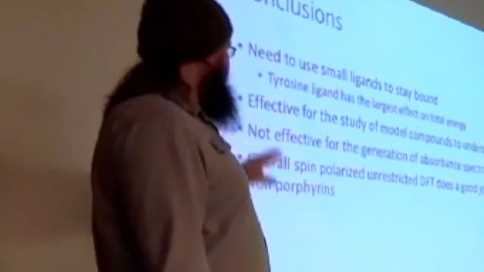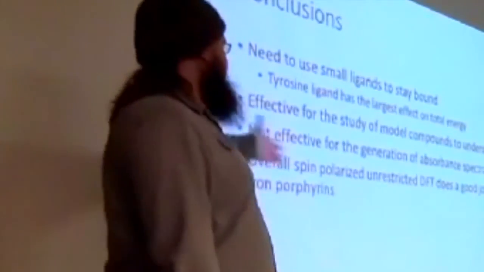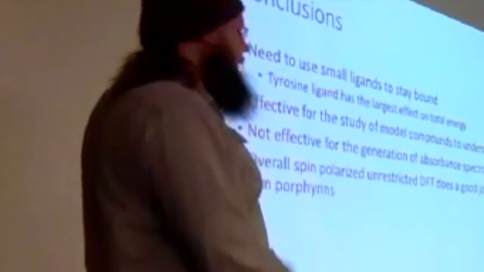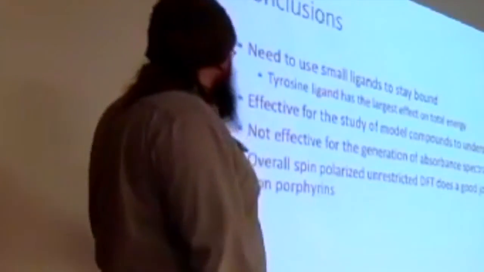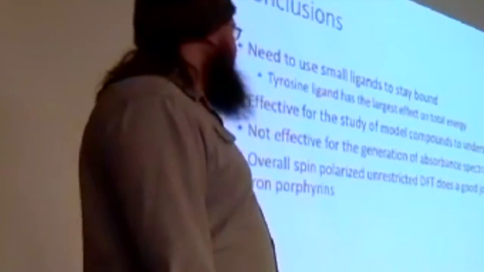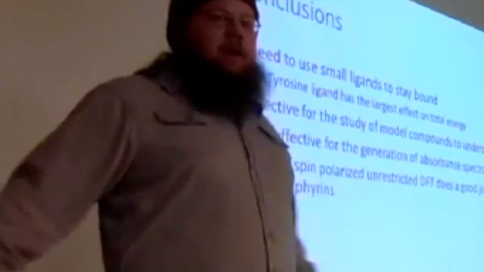So there's one thing that we can use, but the absorbance spectra don't seem to be as useful, or obviously I did it incorrectly. Overall, the spin polarized unrestricted DFT does a fairly good job of calculating for iron porphyrins.